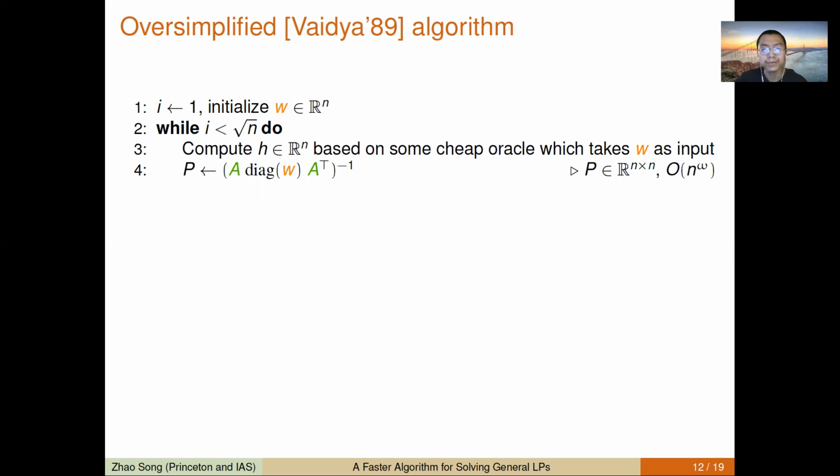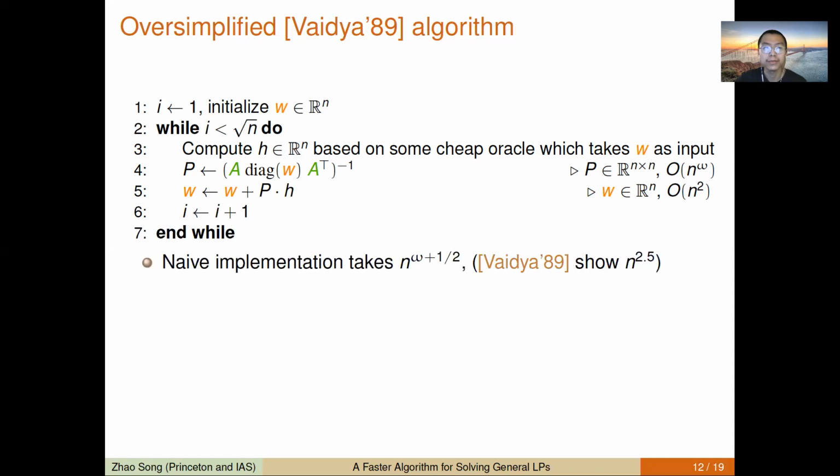In line 4, the major task is to compute an inversion of the constraint matrix times the diagonal matrix times the transpose of the constraint matrix. In line 5, we update the weight vector w based on w plus P times h. Then we increase the counter i, and we finish the while loop.